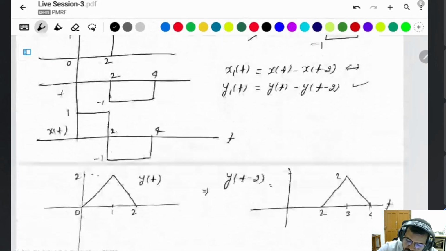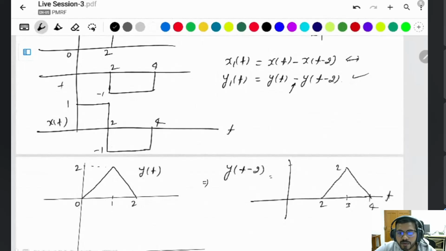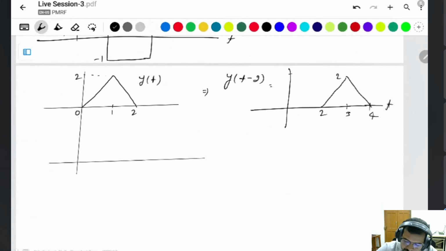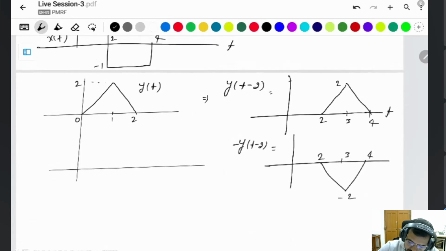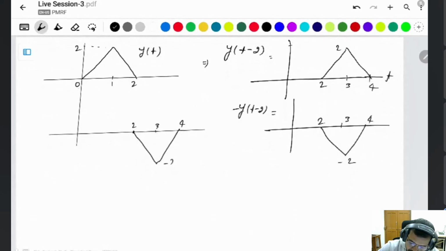Then after you have to provide the y-axis operation also as a negative, minus y(t minus 2), and this signal is shifted the same but negative, 2, 3, 4. Add both, then we get the output.